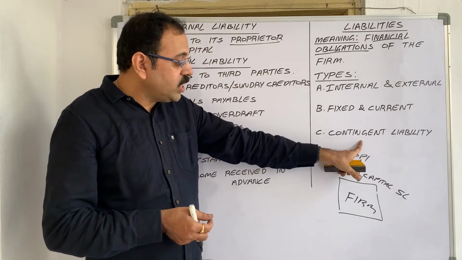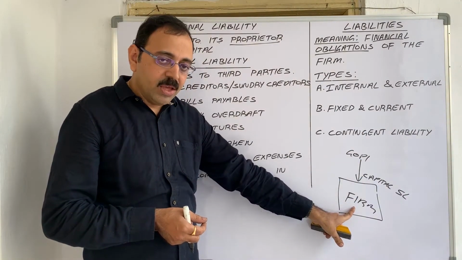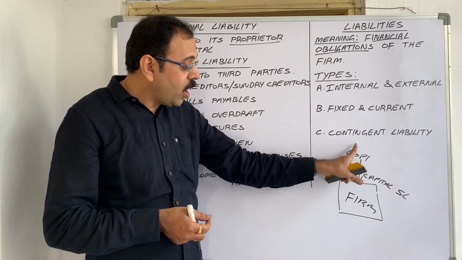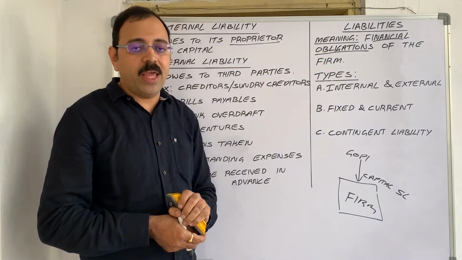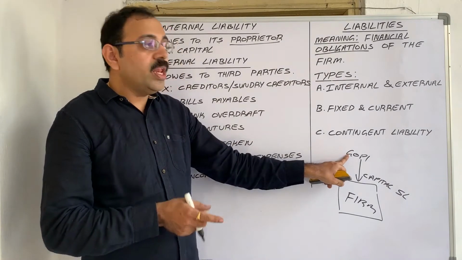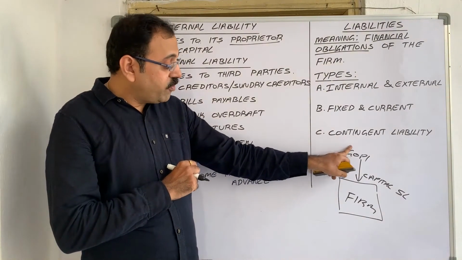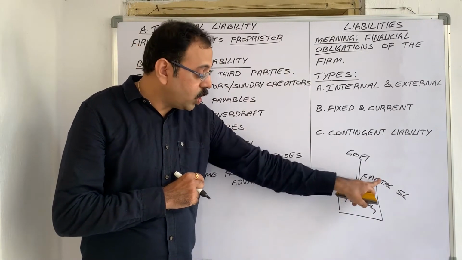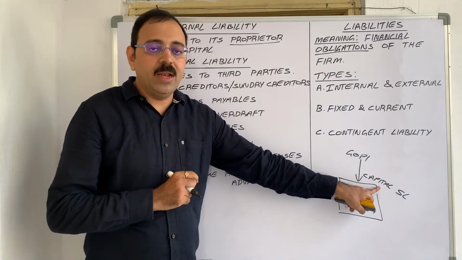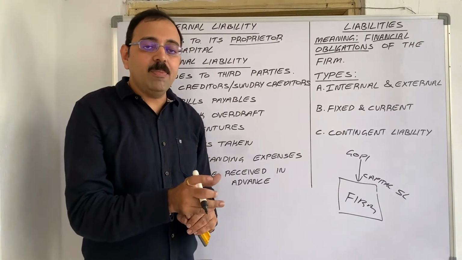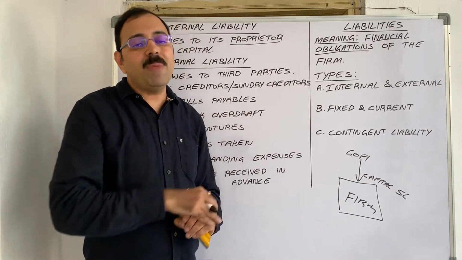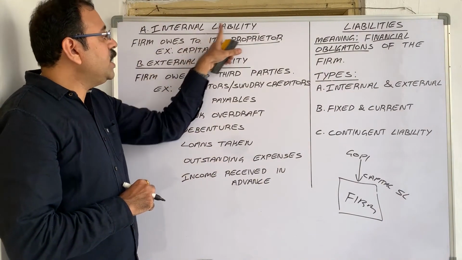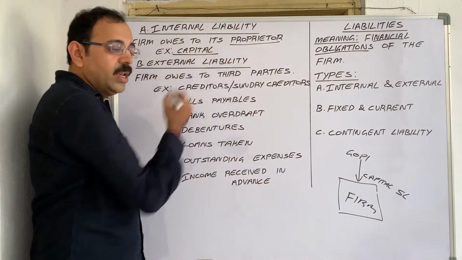From an outsider, when we take money, we think that we are taking a loan from him. So here also the same concept you have to apply. You have to think that the owner is one outsider, from whom we are taking a 5 lakh rupees loan. This loan amount is known as capital. That is why capital appears on the liability side of the balance sheet. So the example for internal liability is capital.